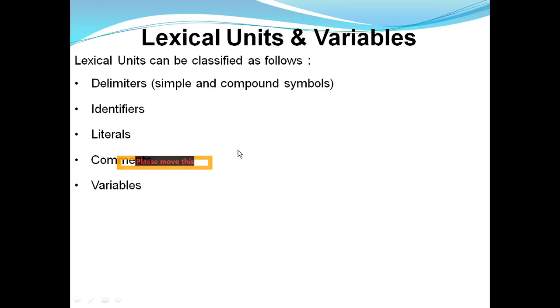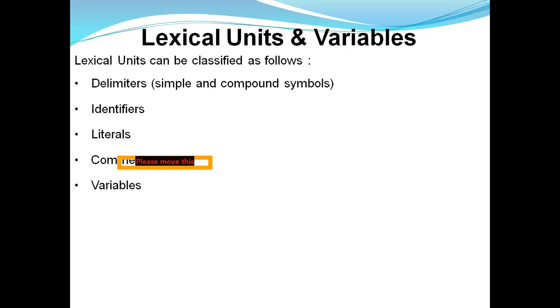Now lexical units can be classified into different forms. First are delimiters. Delimiters are nothing but certain symbols that we use in writing a PL/SQL block. Delimiters could be simple or compound. What do we mean by simple and compound?